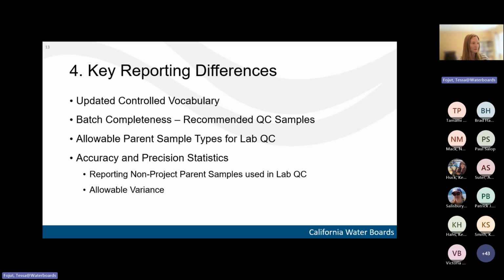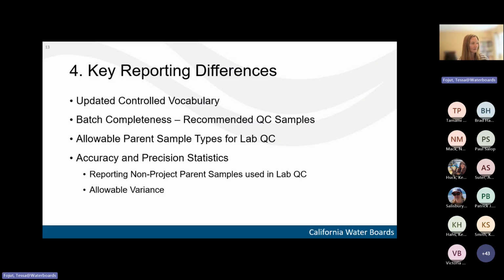So like I mentioned, we'll have this batch completeness check. For each analyte or method, there's a list of the QC samples that you would need to have a complete batch of quality control samples. So we will share that, so labs and all submitters have access to that.